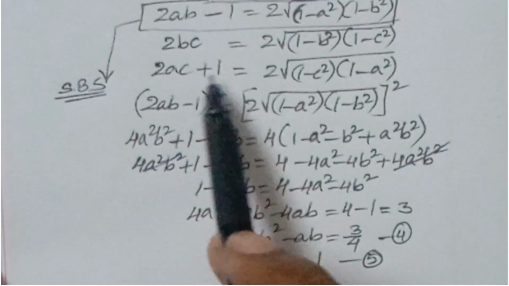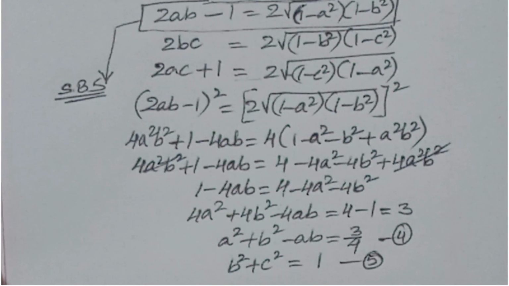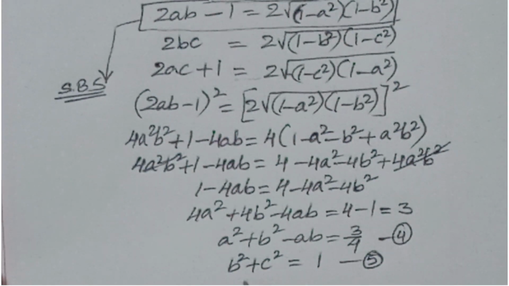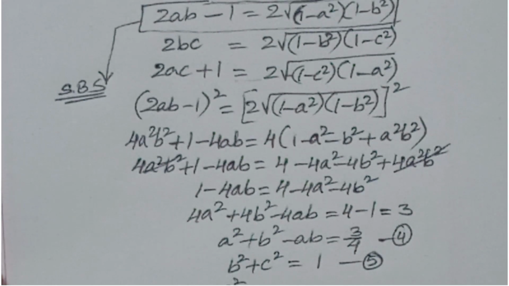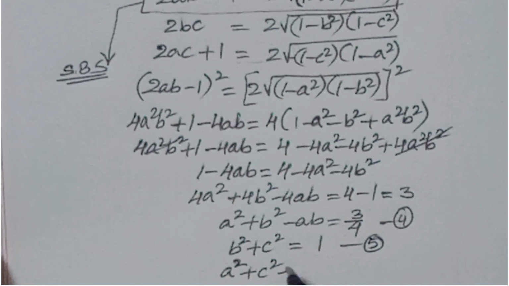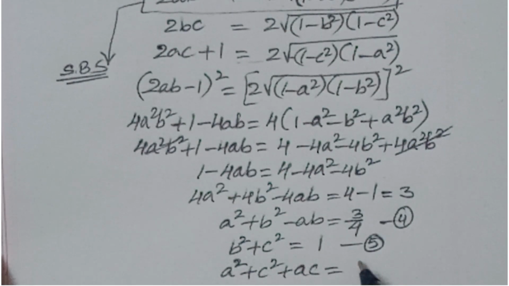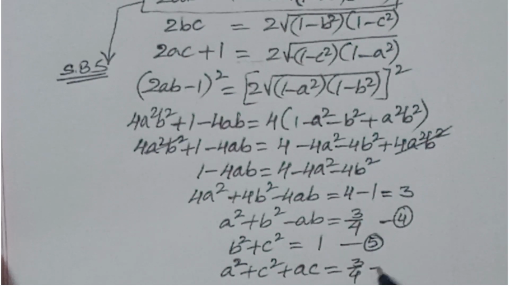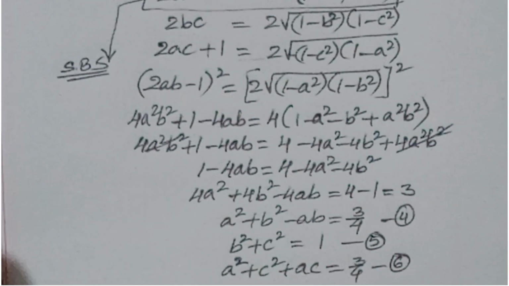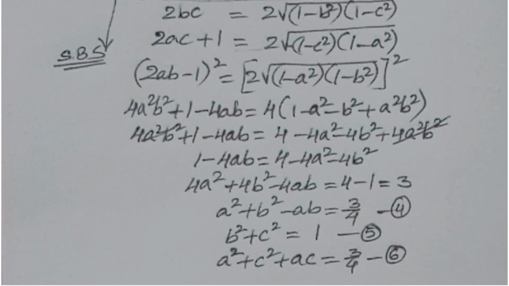If you take squaring on both sides, this one, you'll get a square plus c square plus ac is equal to 3 by 4. Let it be 6. Now our target is to find the a, b, c values over here.